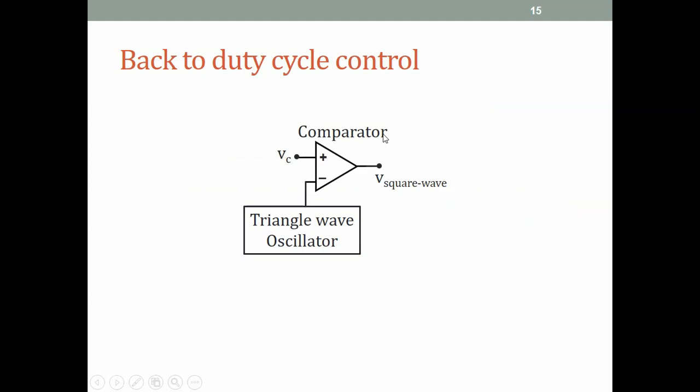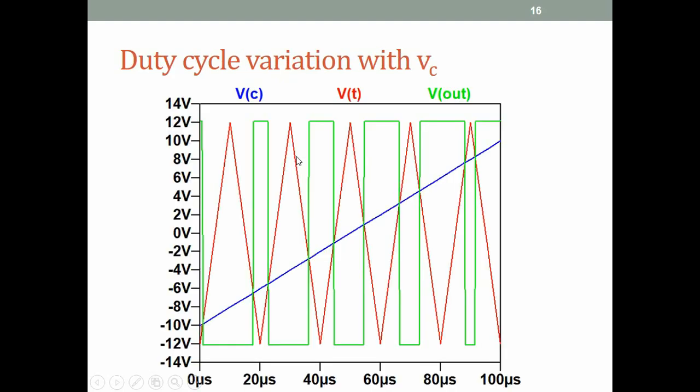All right. Now let us see how this circuit works, how this circuit gives a square wave output. I am taking an example of a triangle wave input and a constant DC voltage connected to the other terminal, and in fact I will vary this VC. So what I have done is I have made a plot.